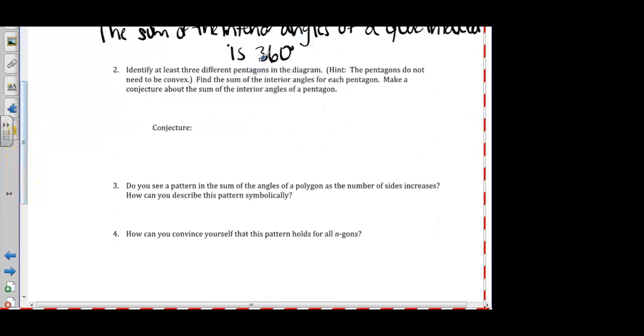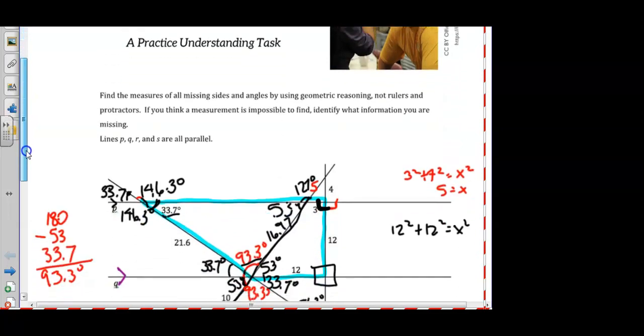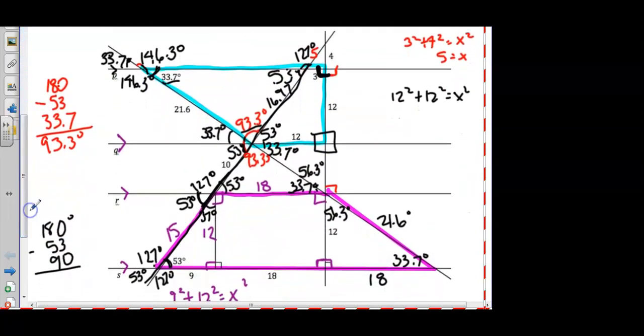Next, we're now asked to identify at least 3 different pentagons. Hint, the pentagons do not need to be convex, so that means they can be concave. Find the sum of the interior angles for each pentagon. Recall that a pentagon is a 5-sided figure. So let's come down here and let's see if we can identify some pentagons.